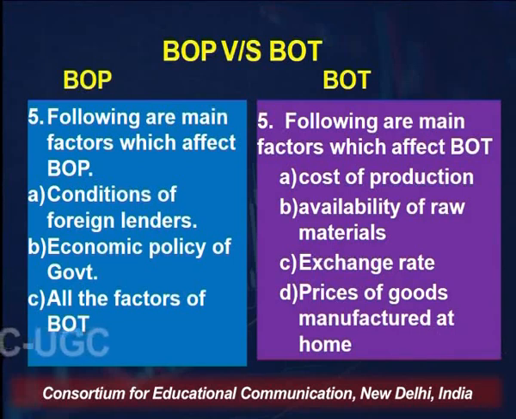Now for example, if I take one example of cost of production. If cost of production in our country is more as compared to the cost of production of the same product in the other country, then obviously people will prefer to import those goods. Why? Because the price of imported products will be lesser than the price of the products which are produced in the domestic economy. Okay, so that will affect your balance of trade.